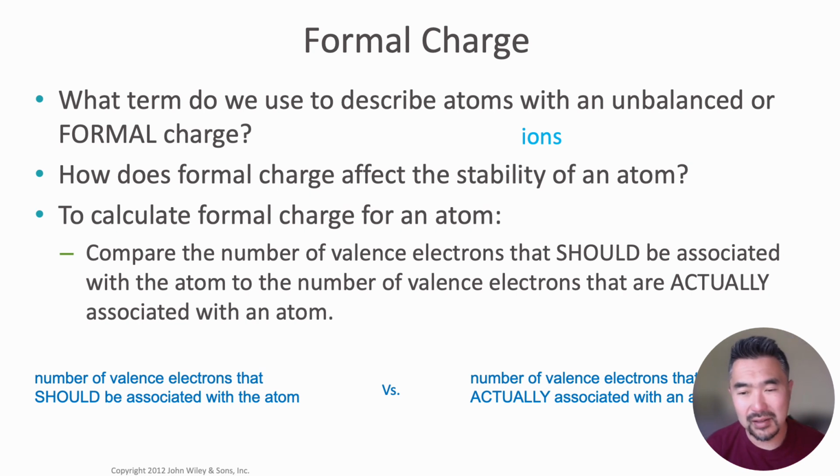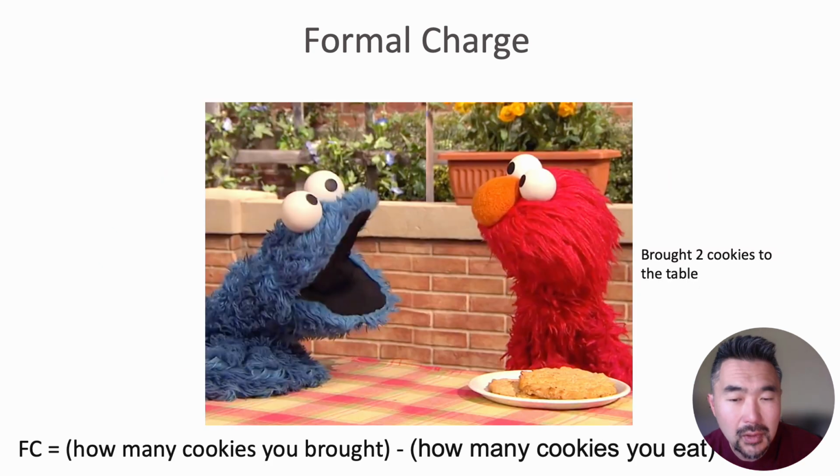It's kind of like this cookie sharing situation, and determining formal charge would be analogous to how much of a freeloader you are and how much of a contributor you are, right? Like, let's say Elmo has these two cookies.